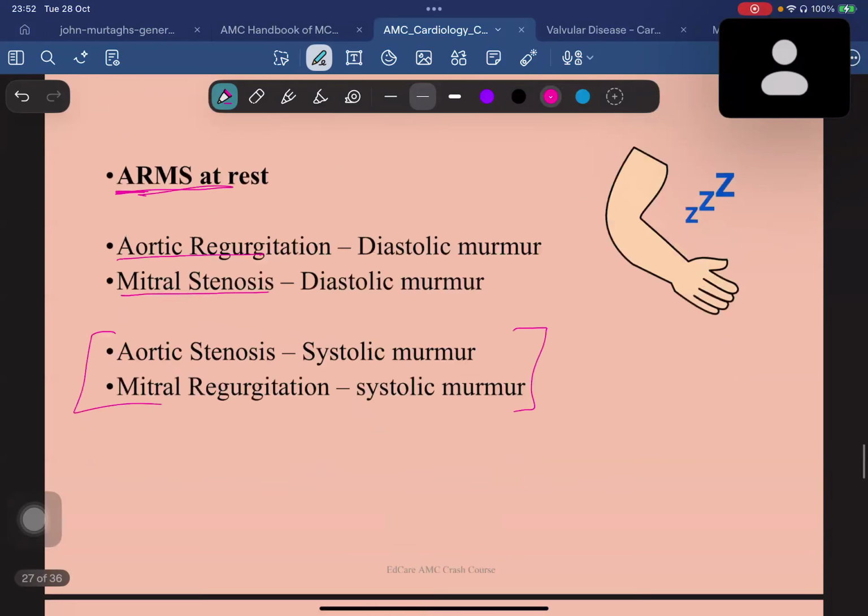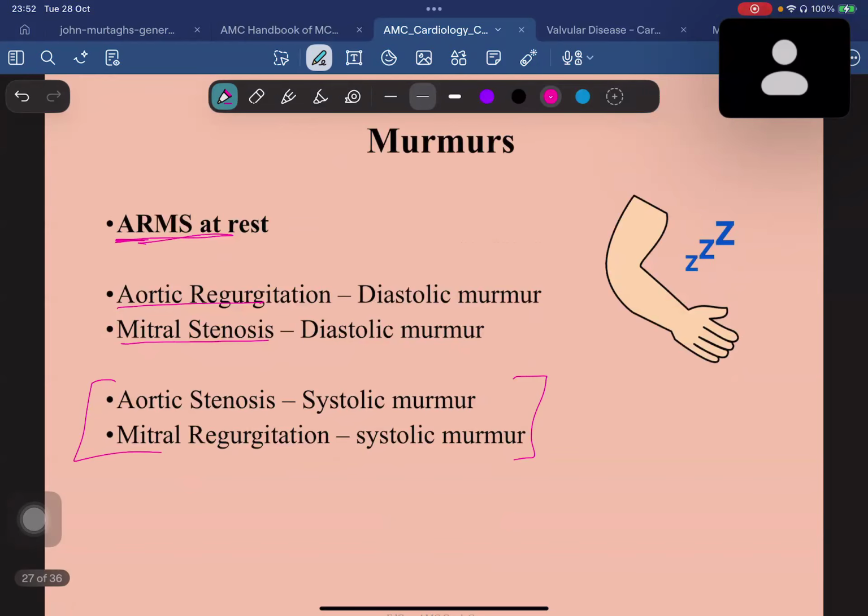These things are very important when it comes to the exam because you are not going to see a question and bring up the whole pathophysiology of the heart and think, okay, this valve is going to open, this valve is going to close, and this and that. No way.